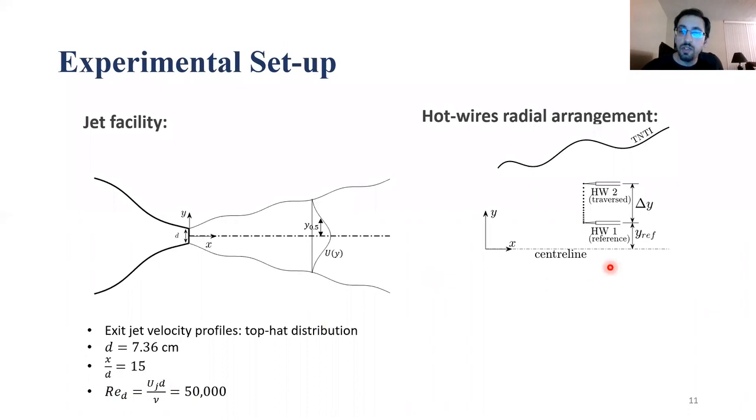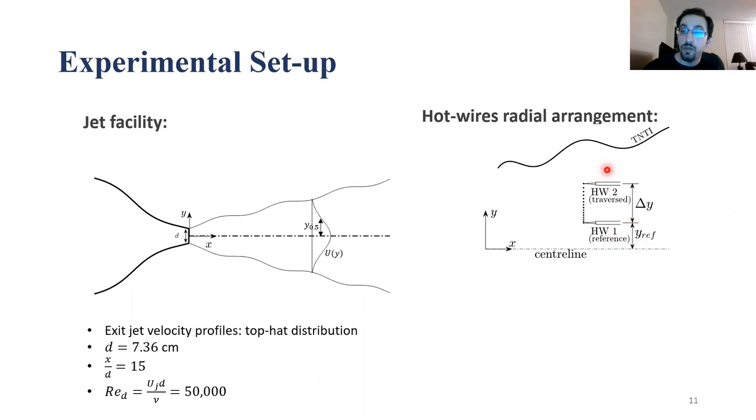For the measurements, we used two hot wires, so we acquired the velocity fluctuations simultaneously using these two hot wires, and we used two arrangements for the hot wires. In the first one, which is a radial arrangement, we located a reference hot wire, which was fixed at a location whose distance from the center line is shown by YRF.